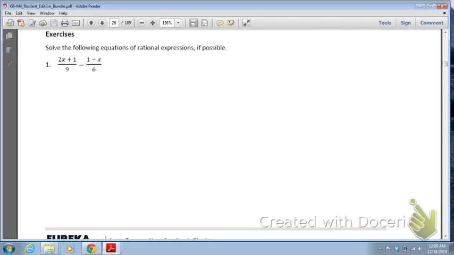Solve for x if possible. Okay, so you can work on exercises 1 through 4 independently, and then check your answers either at the end or one by one, your choice, as you go through. Okay, and I will solve them here. So go ahead and pause now and work on that.